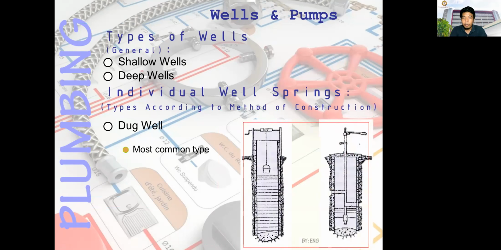So for dug well, this is the most common type, and usually dug or excavated manually. Then that is around 15 meters depth, but it depends on the water table, which may be lower than 15 or greater than 15-meter depth.